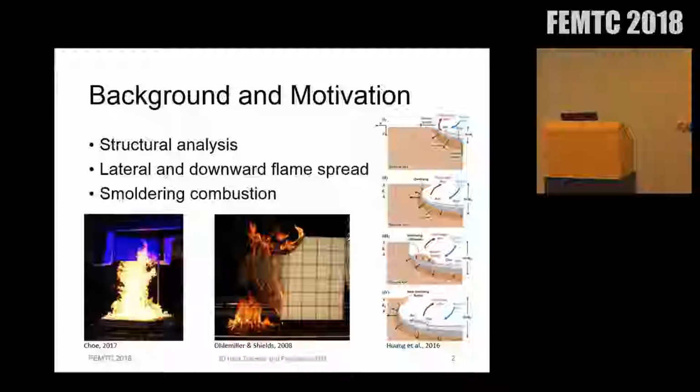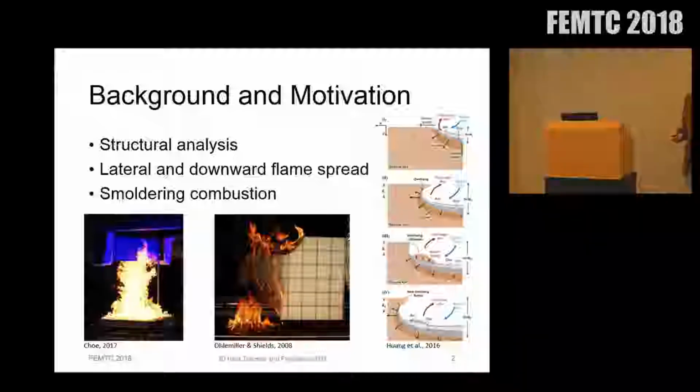We then thought, maybe there's also some application to downward and lateral flame spread calculations, and as we move toward more complicated geometries in FDS, and maybe more sophisticated pyrolysis models, we want to be able to deal with three-dimensional heat transfer.